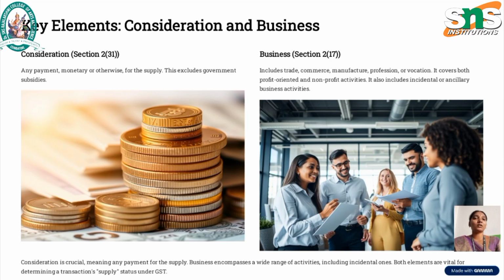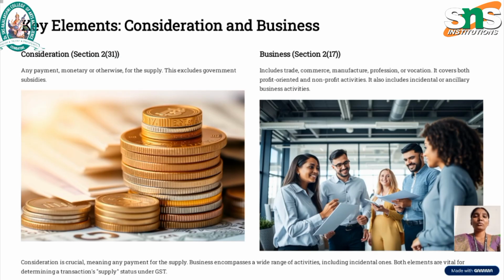This excludes government subsidies. Then business is defined in Section 2(17). It includes trade, commerce, manufacture, professions or vocations. It covers both profit-oriented and non-profit activities. It also includes incidental or ancillary business activities.